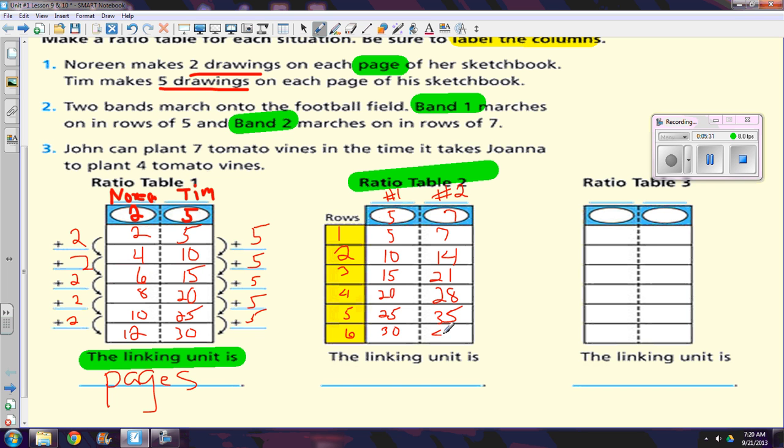And 7 times 6 is 42. So in the 6th row, band 1 would have 30, and band 2 would have 42.